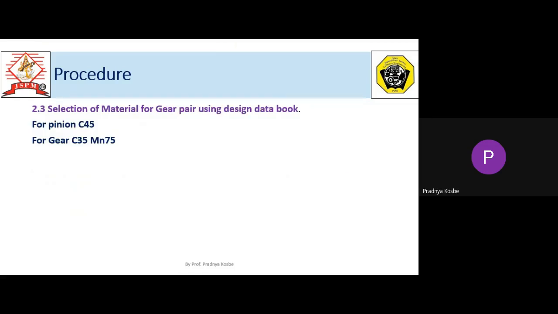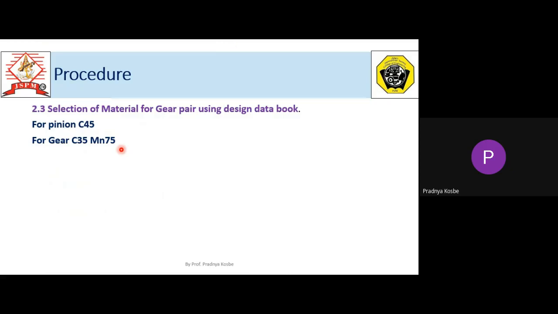Then next step 2.3, selection of a material for gear pair using the design data book. So the selected material for that particular speed ratio is C45 for pinion, and for gear it is C35 Mn75.